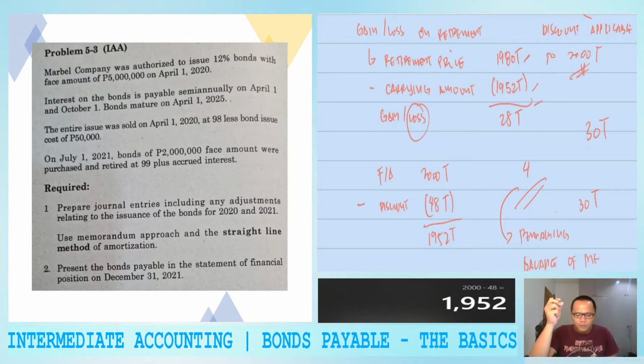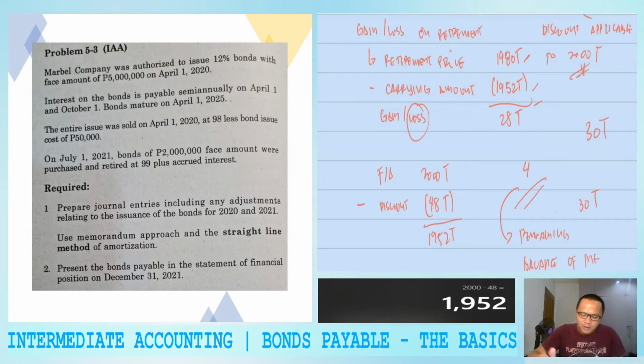Kasi nga, yung utang natin, 1,952 lang, pero yung binayad natin is 1,980,000. So that is loss on retirement. Kung may utang ka na piso, tapos binayad mo is dos, obviously, nalugi ka. Di ba? Loss on retirement.